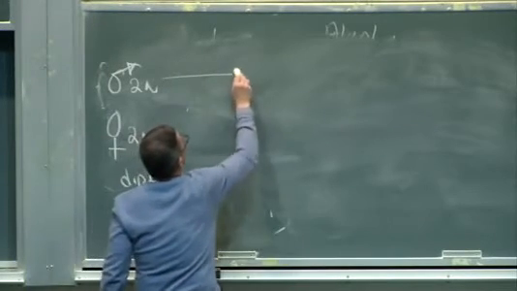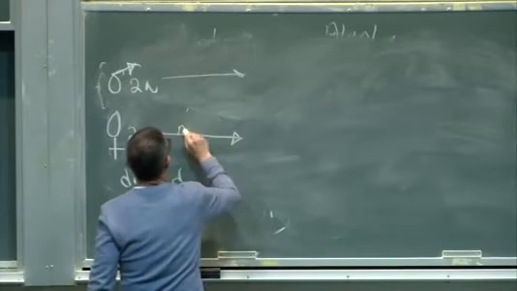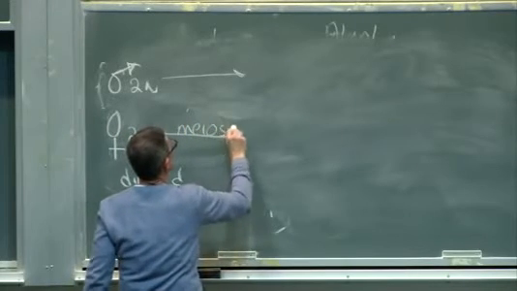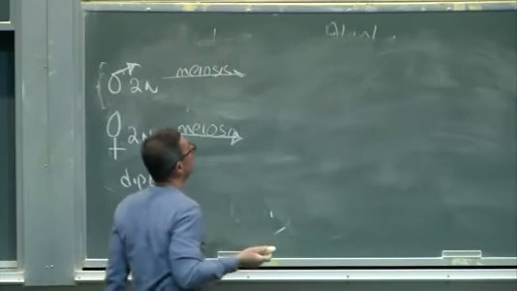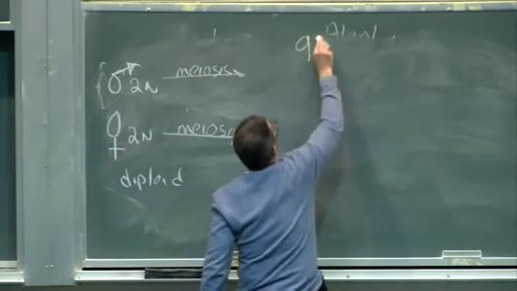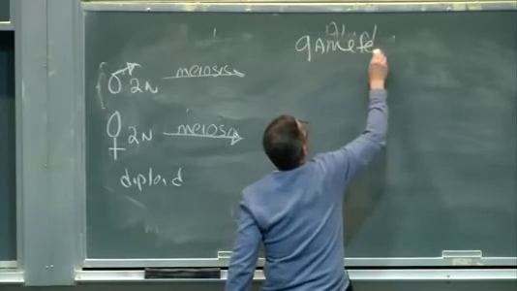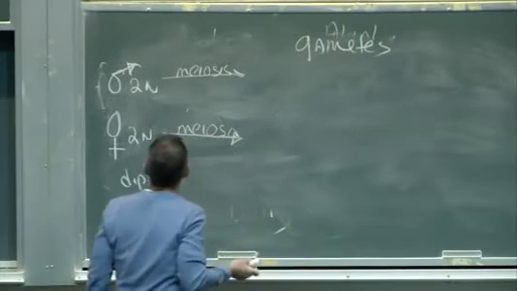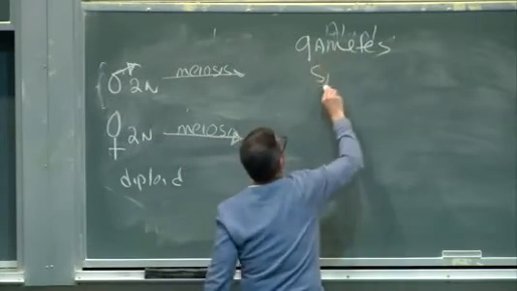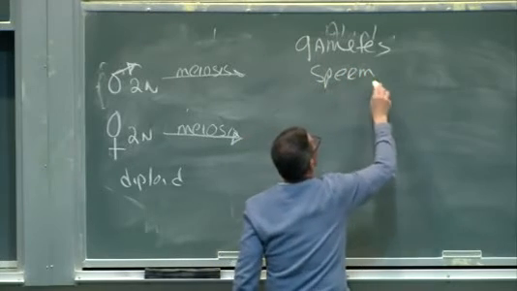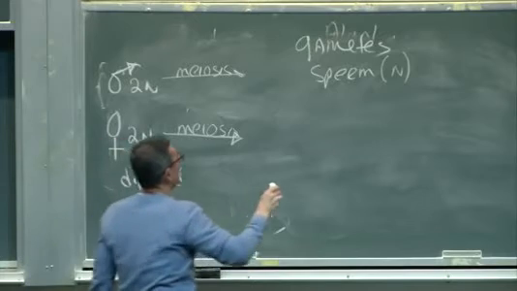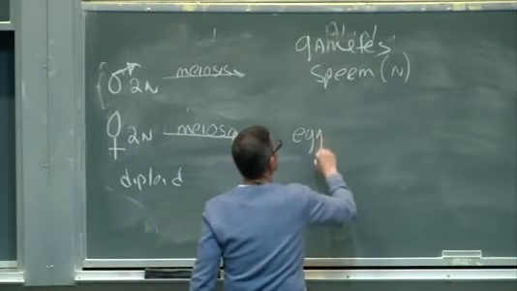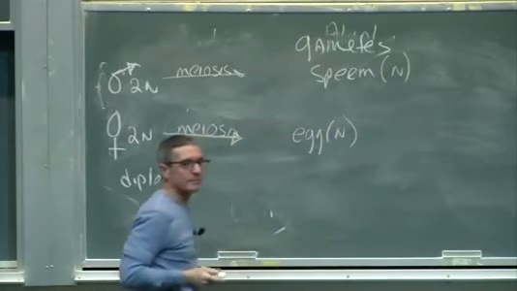Through the process of meiosis, we produce the gametes. And those gametes, in the terms of the male, are the sperm, which is now N, because meiosis has occurred. And for the female, the egg, which is also N.